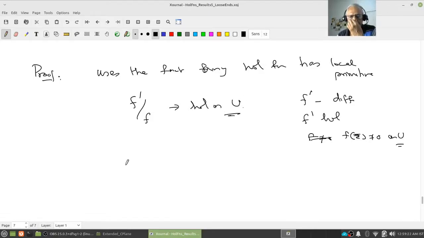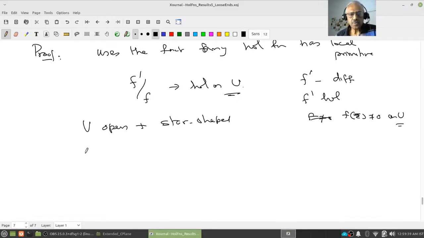How many of you agree with that? Now this is a holomorphic function on U, but U is open and star shaped. Any holomorphic function on an open star shaped set has a primitive. This we have seen in Cauchy's theorem.